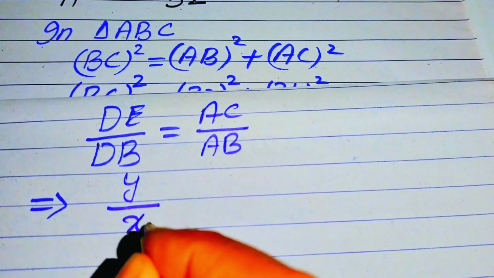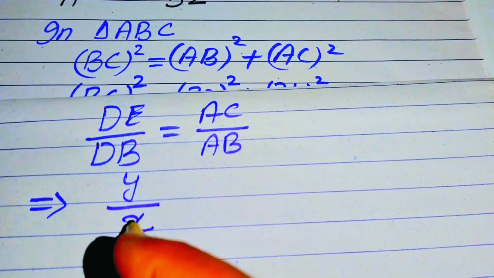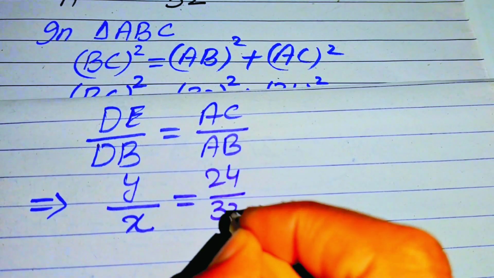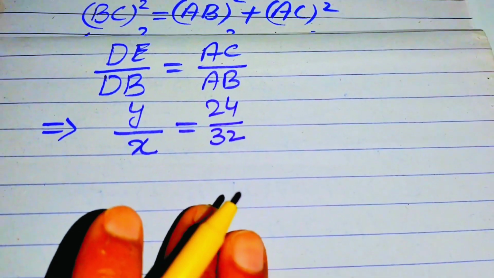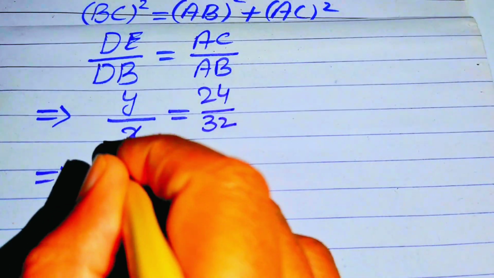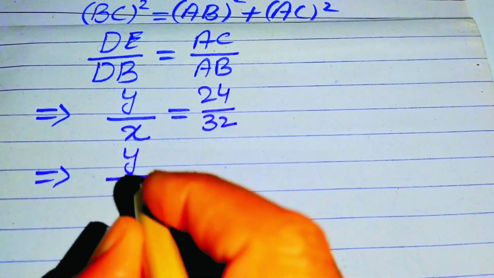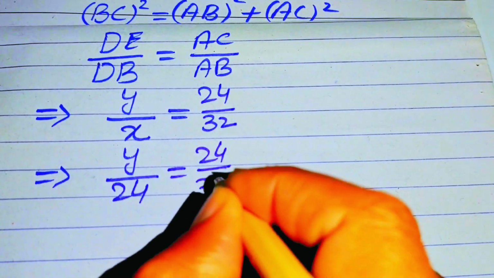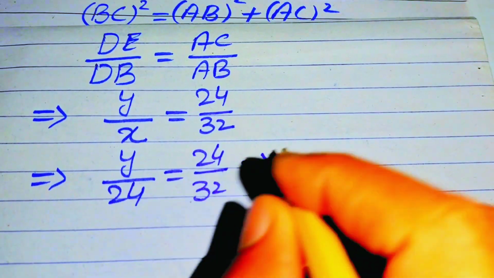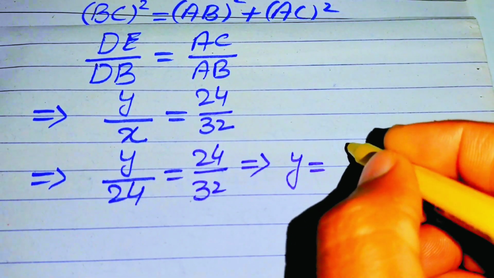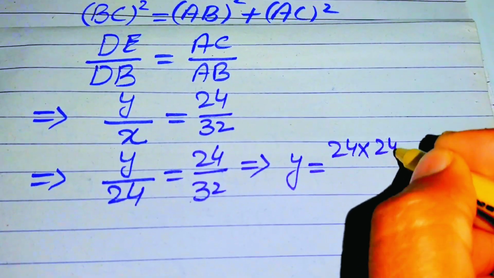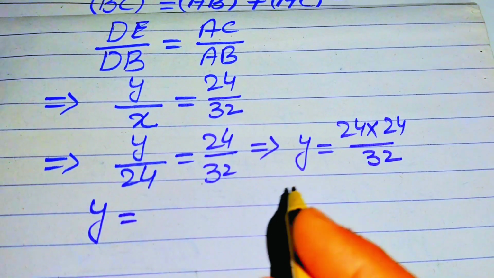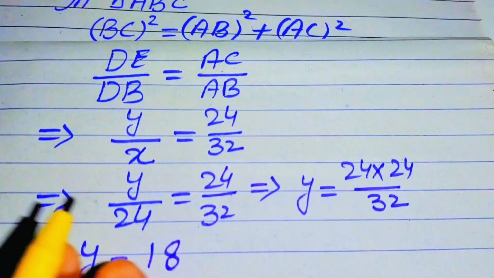Here DE is y and DB is x, which equals 24, so y divided by 24 equals 24 divided by 32. After a little simplification, y equals 24 times 24 divided by 32, and you easily get y equals 18.